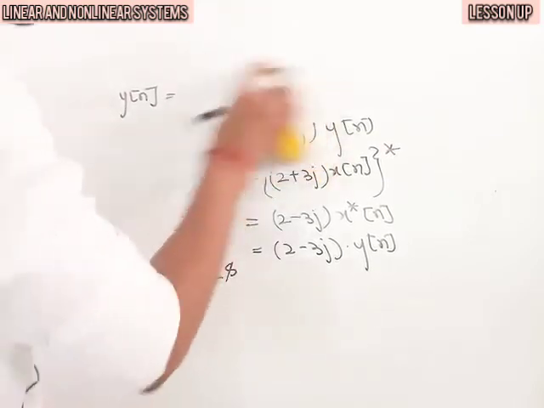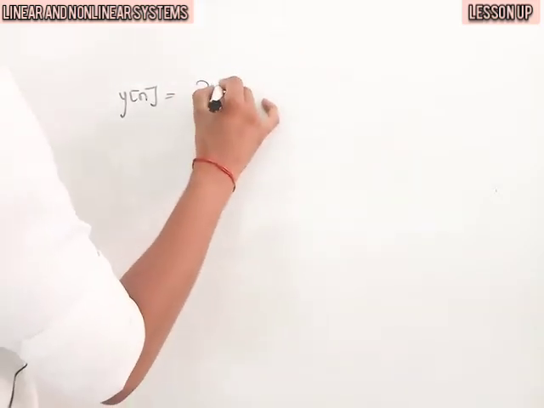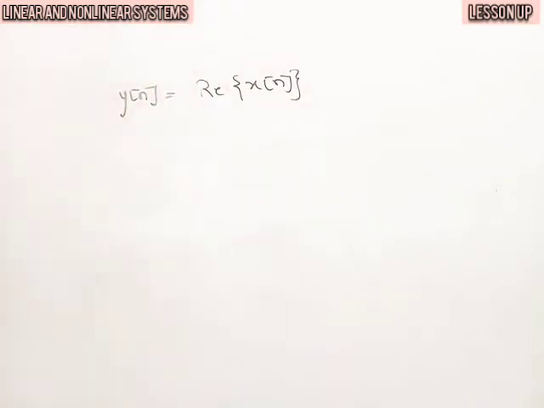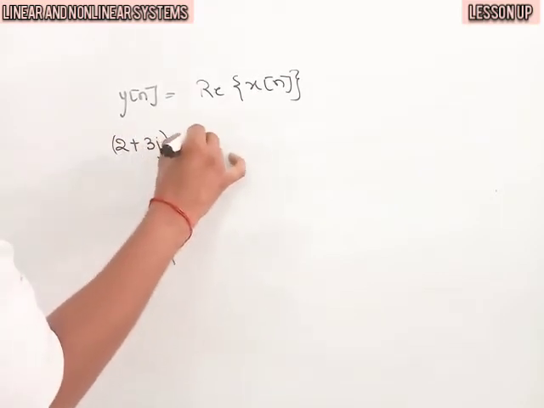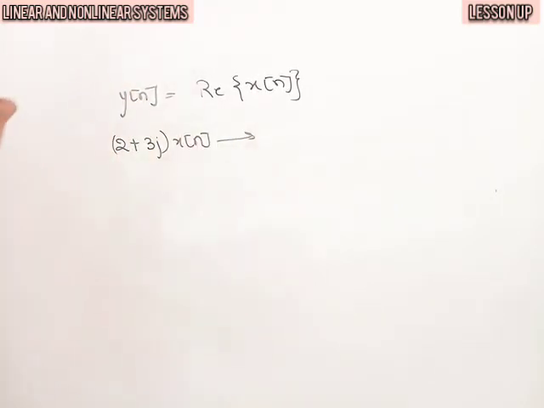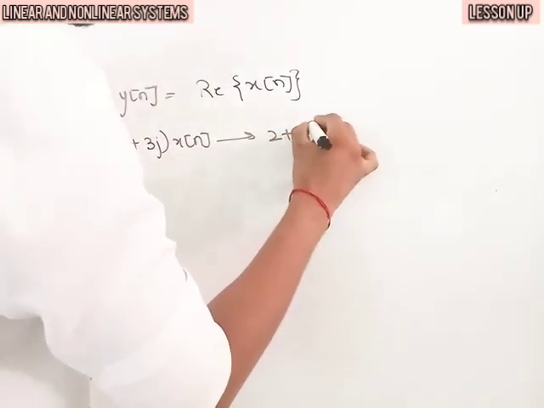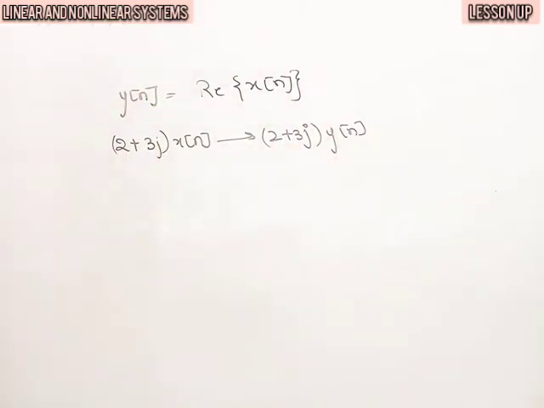What if y of n is equal to the real term of x of n? Suppose we are giving input 2 plus 3j x of n. With this input, we should get 2 plus 3j y of n. We will check whether we will get this or not.